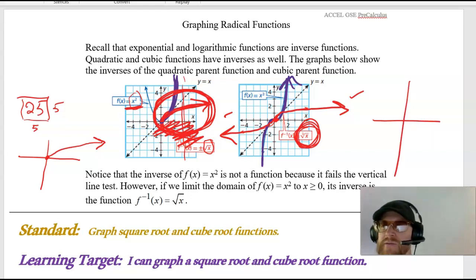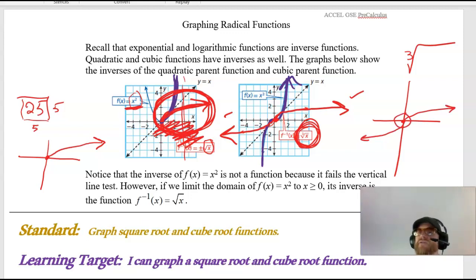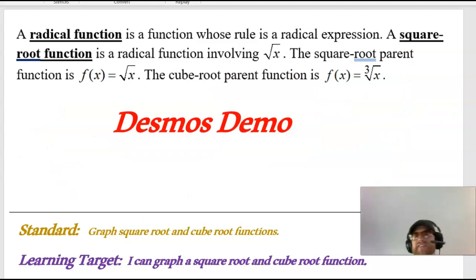The cube root function generally looks like this, where something interesting is happening at the origin, and the original square root function over here starts at the origin, whatever that means, and goes up and to the right and flattens out. So that's where we are for now, and we'll see some examples. That takes us to our Desmos demonstration.